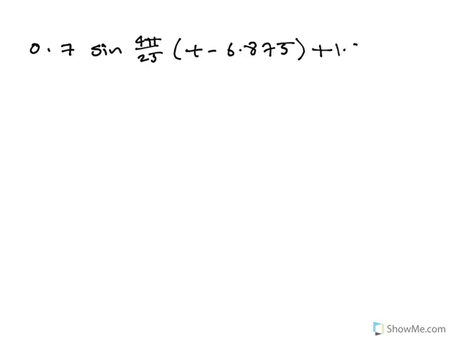To demonstrate the sine curve, I'll quickly use the sine now. The sine version of that same curve is 0.7 sine of 4 pi over 25 of t minus, this time, 6.875, plus 1.3 equals 1.